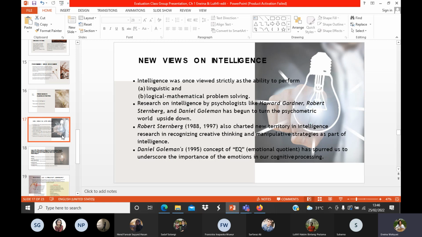Also added by Daniel Goleman, in 1995, he brought up the concept of emotional quotient, because generally we know the quotient as IQ, intelligence quotient. But now Goleman has also brought up the EQ.